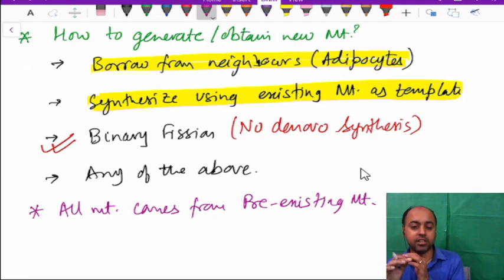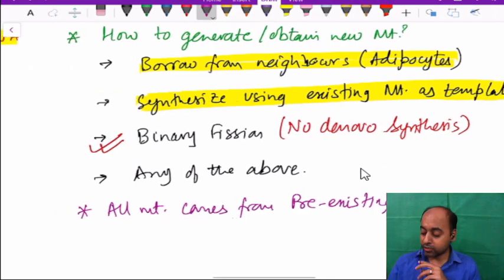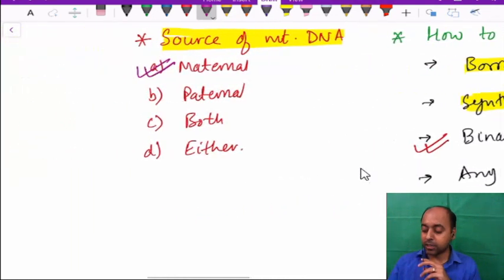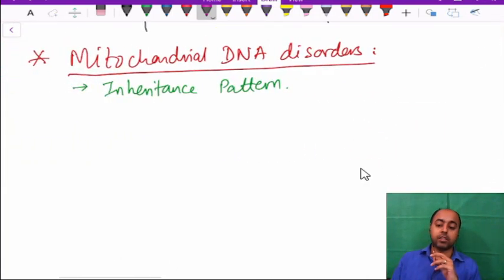If there is a defect in the mitochondria which is being used for binary fission, then all the subsequent mitochondria will have the same defect. So these two things, all mitochondria come from pre-existing mitochondria and all mitochondria are of maternal origin, give us the inheritance pattern.